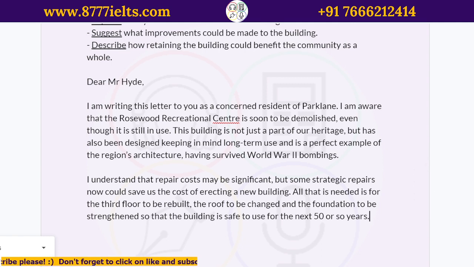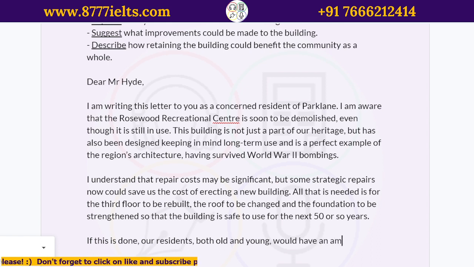Describe how retaining the building could benefit the community, right? If this is done, our residents, both old and young, would have an amazing place to connect with other residents, right?